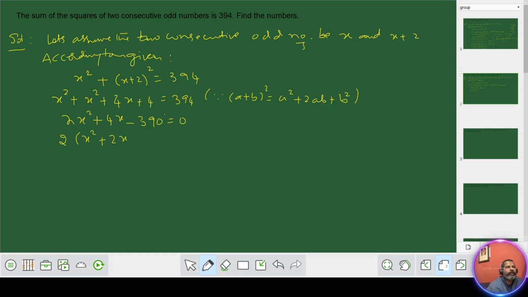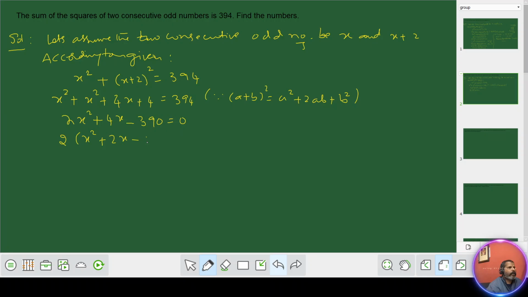I always tell, if all the three terms have a common factor, take it out so that your factor finding will be easier. 2 ones are 2, 2 nines are 18, sorry, minus has come there.